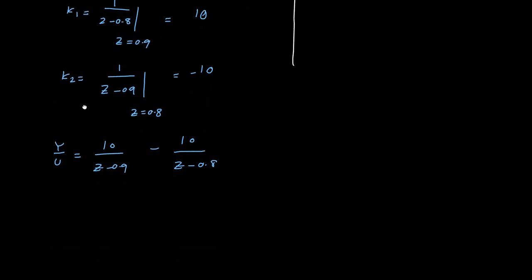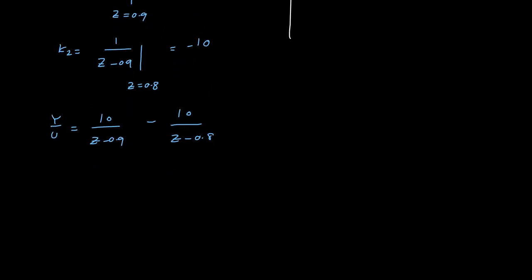So after that, the method will follow the same. Now we can write y equal 10 over z minus 0.9 multiplied by u, minus 10 over z minus 0.8 multiplied by the u.